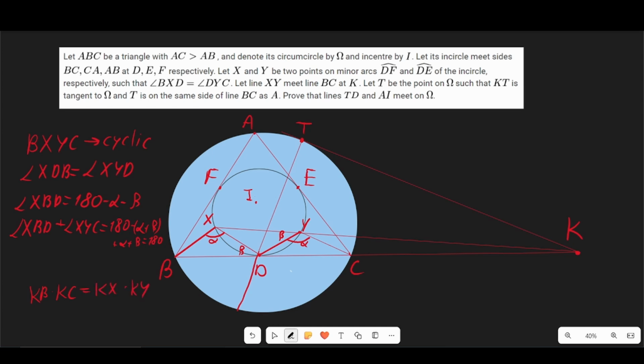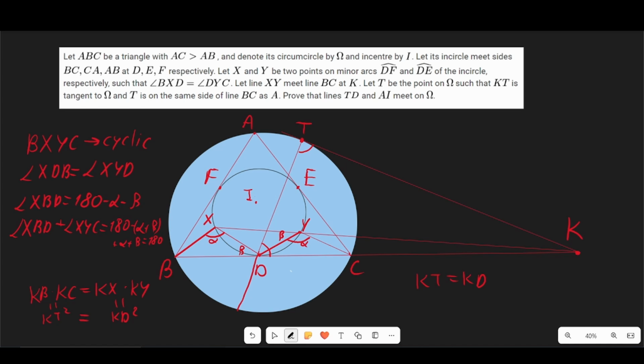Now use the fact that D is the tangency point of the incircle and line BC, so KX times KY must be equal to KD squared, while KB times KC must be equal to KT squared. So we get that KT squared equals KD squared, so KT is congruent to KD. So angle KTD equals angle TDK.